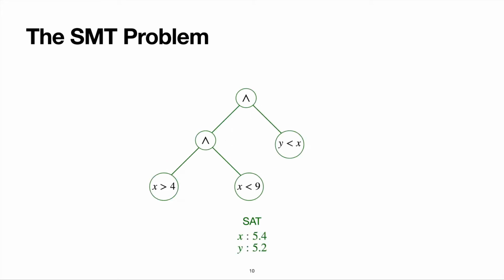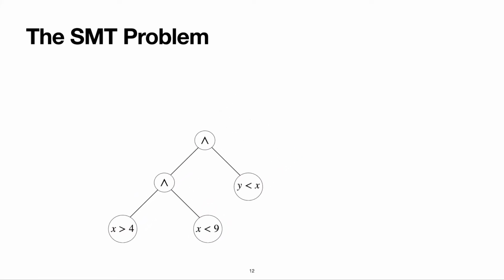This formula is also satisfiable because of the existence of a satisfying assignment to variables x and y. Adding y greater than 9 makes the formula unsatisfiable due to these contradictory predicates, because y cannot be greater than 9 and less than x if x is less than 9.